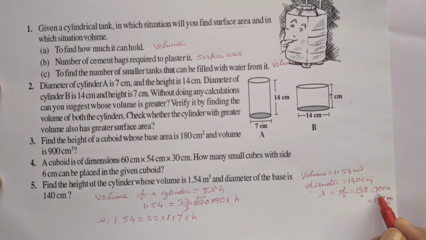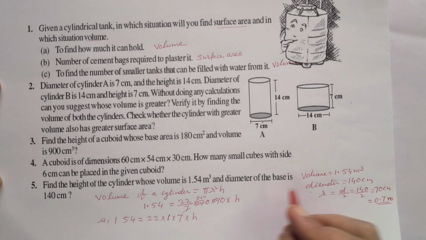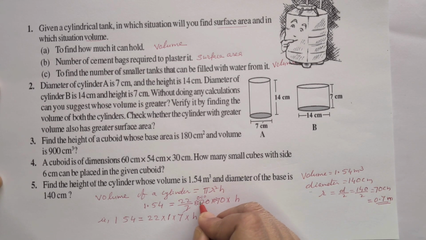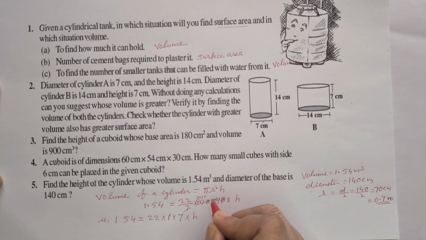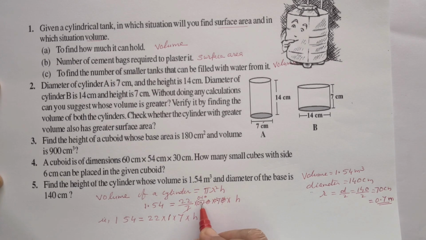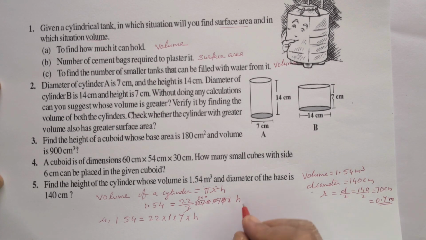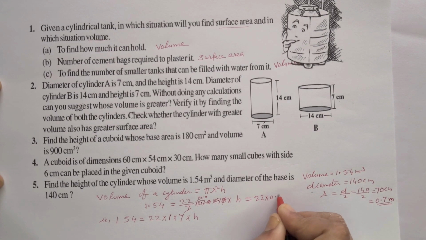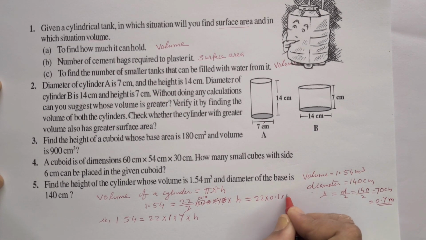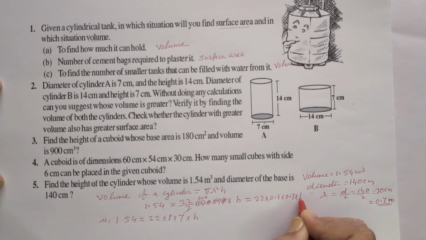So radius we have written here 70 centimeter, that we can write in meter as 0.7 meter. So here it will come 0.7 meter and this also 0.7 meter. After the decimal point, the 0 is no need. So when we divide by 7, here we get 0.1. Which means this side we will get 22 into 0.1 into 0.7 into h.